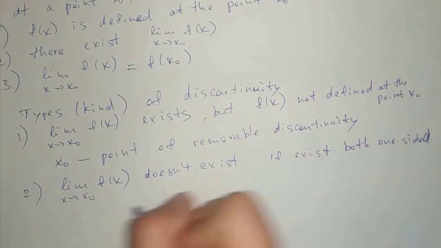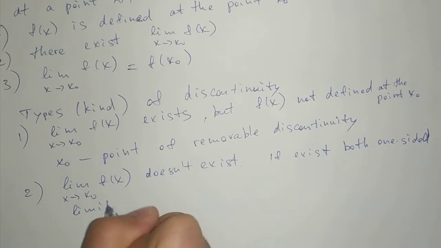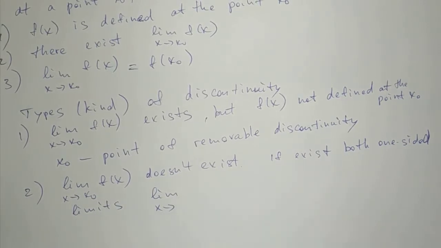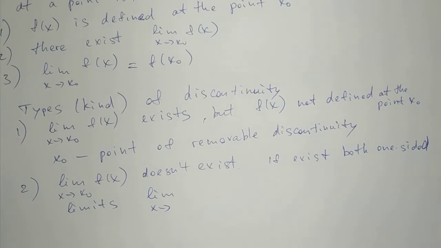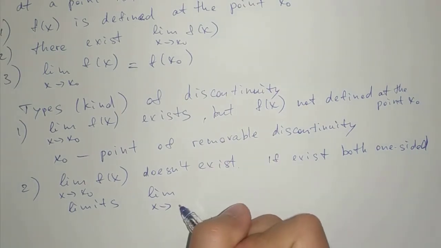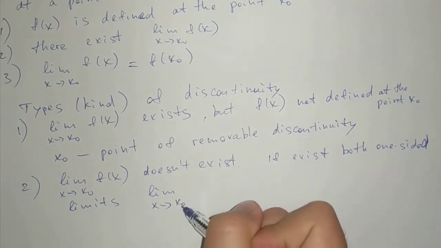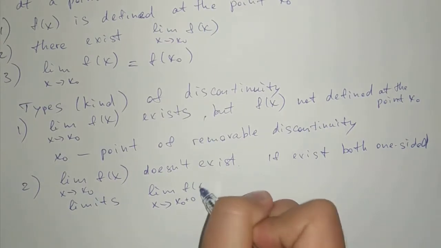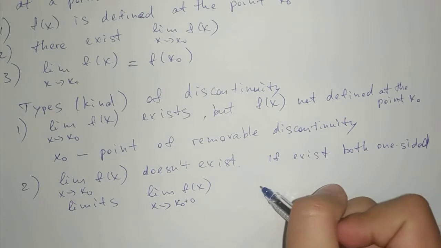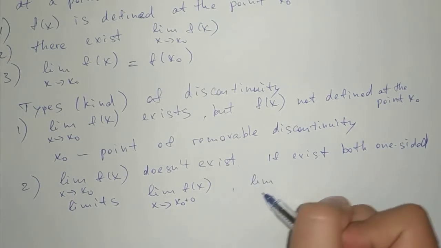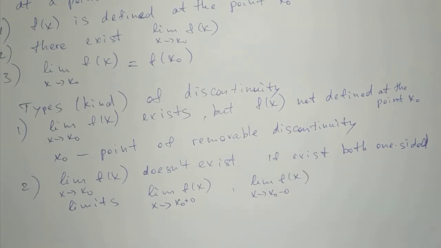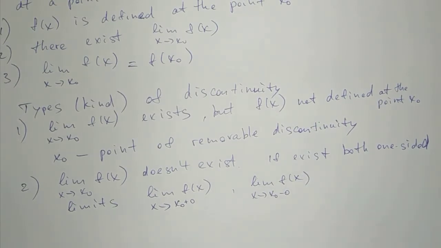so it means we have the limit as x tends to x0 plus 0 of f(x), the right side limit, and the limit as x tends to x0 minus 0 of f(x), it is the left side limit.